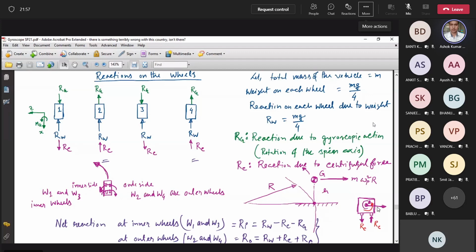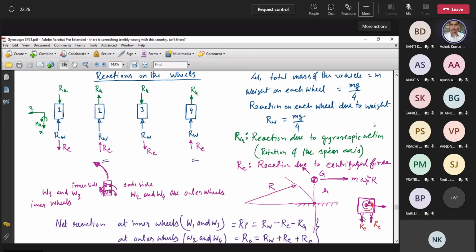Now just see here, consider this color, whatever is not red. We have drawn the vehicle, and due to the left turn, the centrifugal force is in this direction. That means the moment created has this direction.